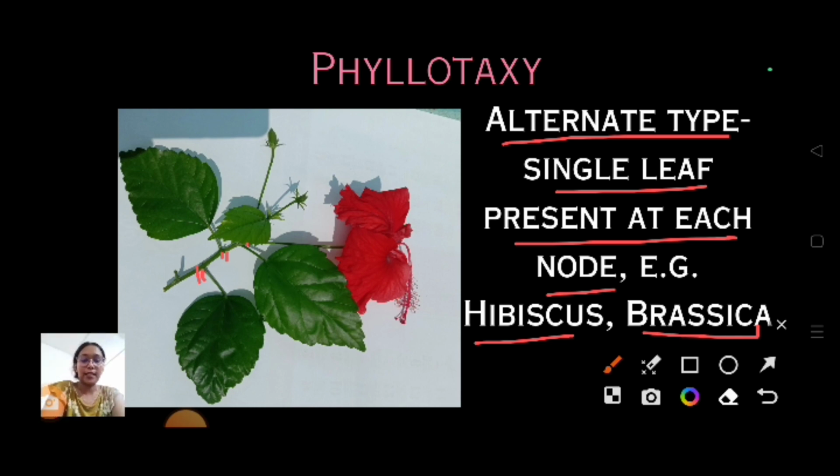In one single node, one leaf will come out, only one. That is the alternate type. They are present in an alternate manner: one on the right side, then the next on the left side, then the next again on the right side. They are present in an alternate pattern.